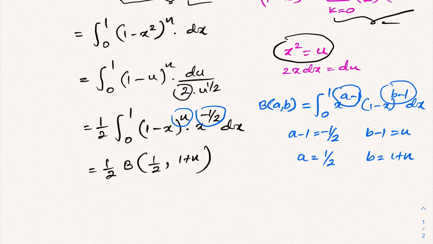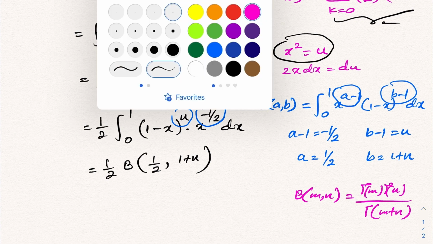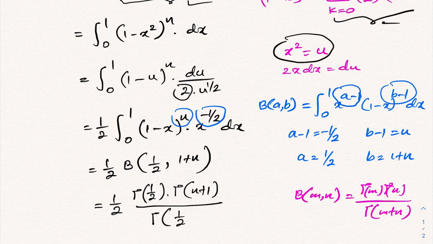Okay, then we know the relation between the gamma function and the beta function. Beta(m, n) is equal to Gamma(m) Gamma(n) over Gamma(m + n). So we can plug in: 1/2 times Gamma(1/2) times Gamma(n + 1) over Gamma(1/2 + n + 1).